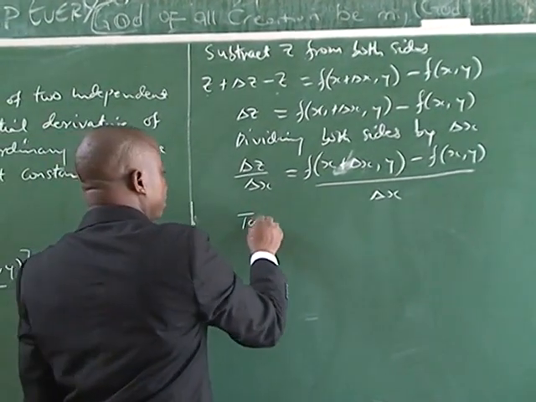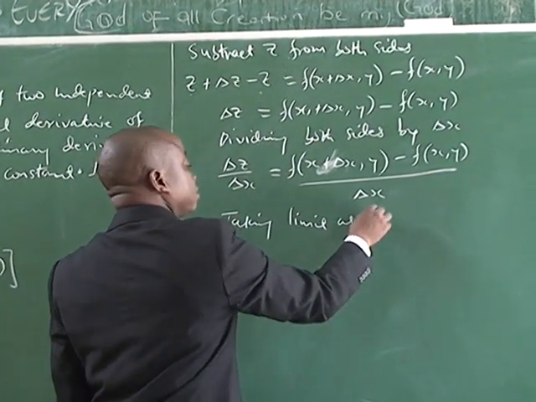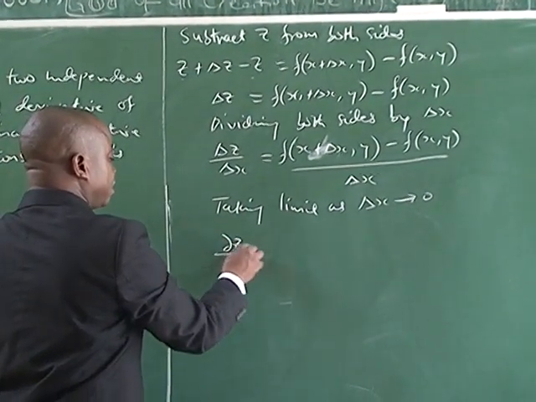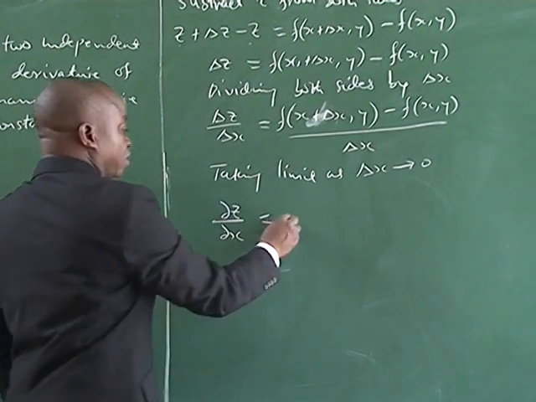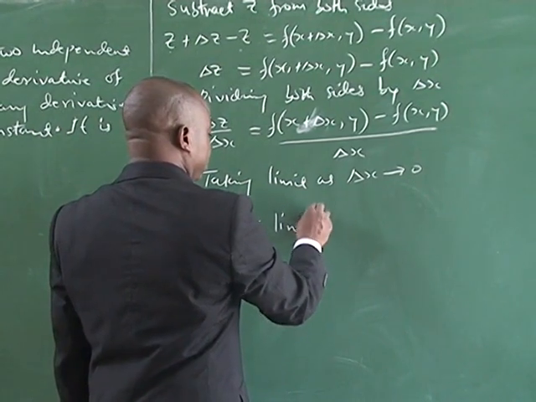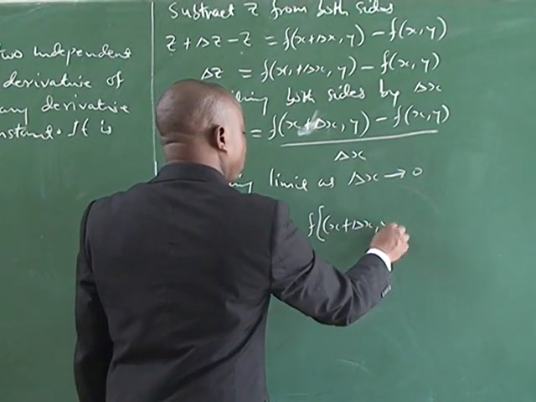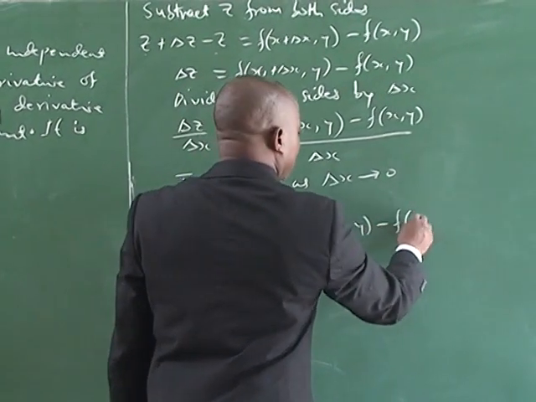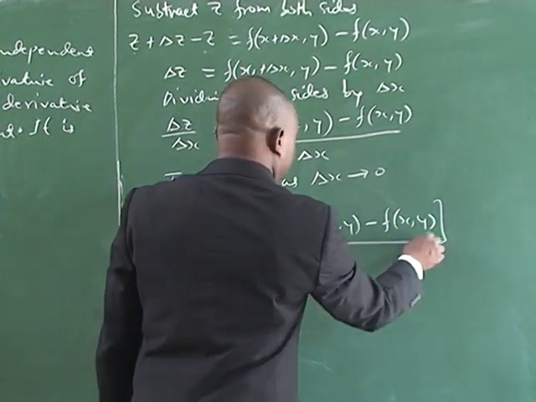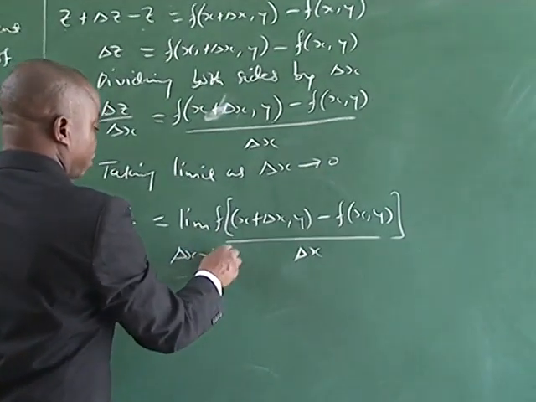Now taking limits as change in x approaches 0, we'll have that partial z partial x will be equal to the limiting value of f of x plus change in x, y, minus f of x y, over change in x as change in x approaches 0.